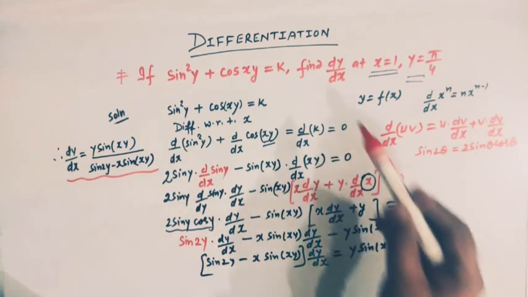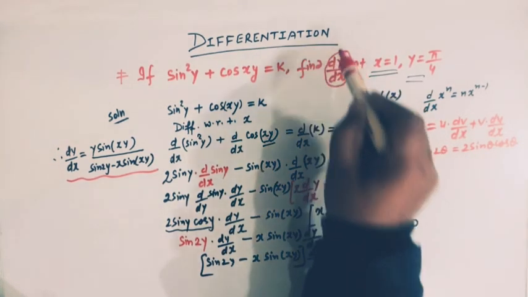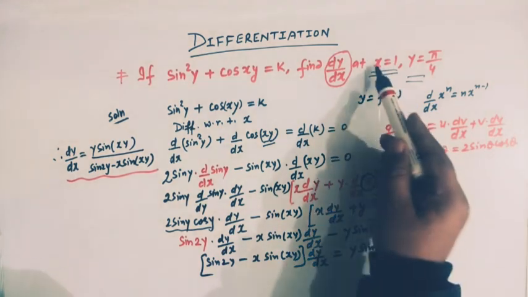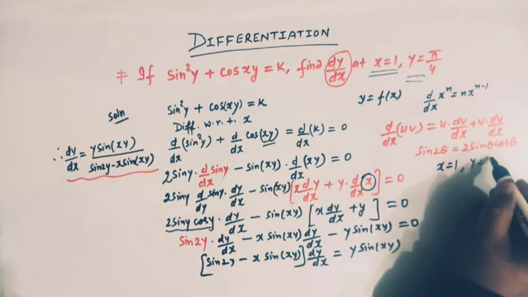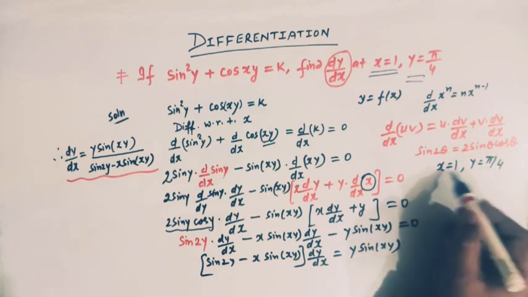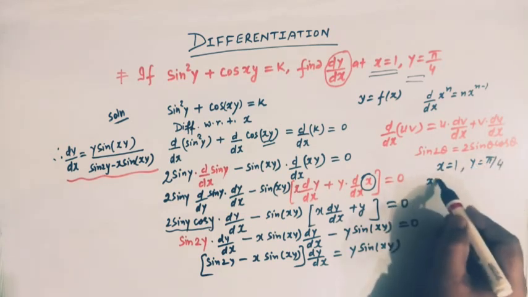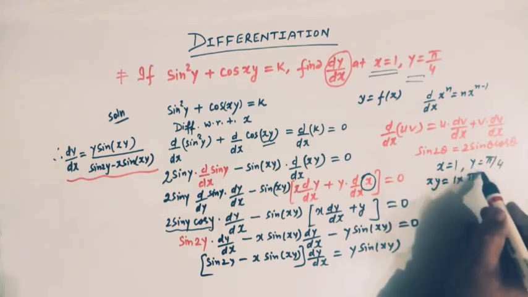Now we have to find the value of dy over dx at x is equal to 1 and y is equal to pi by 4. So what we will do, the product of x and y is 1 times pi by 4.